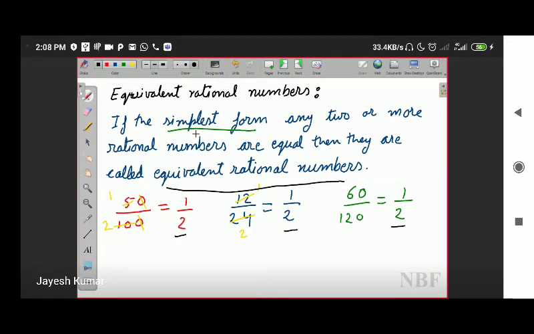In your book, simplest form is also termed as lowest form. If I write lowest form or simplest form, both are the same thing.